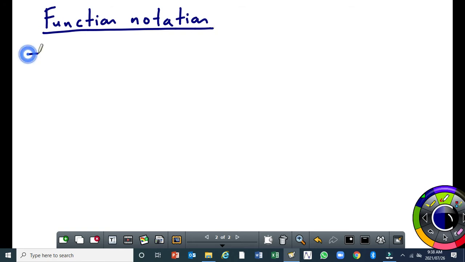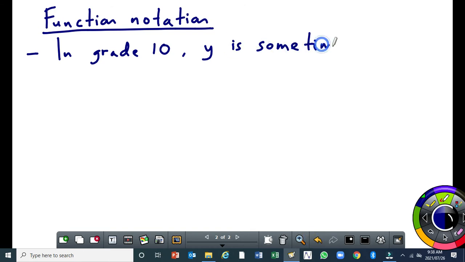In grade 10, y is sometimes replaced by f of x in brackets, like this.